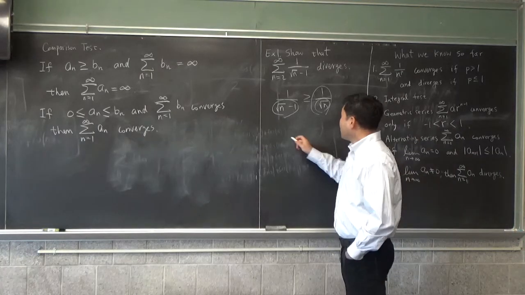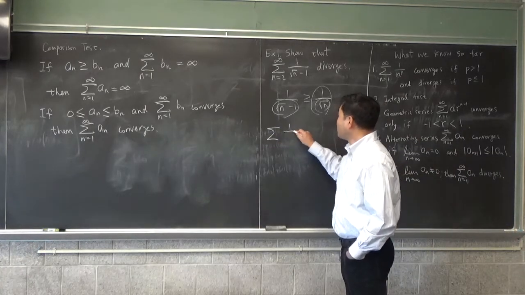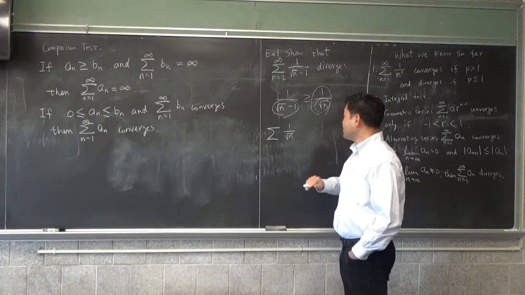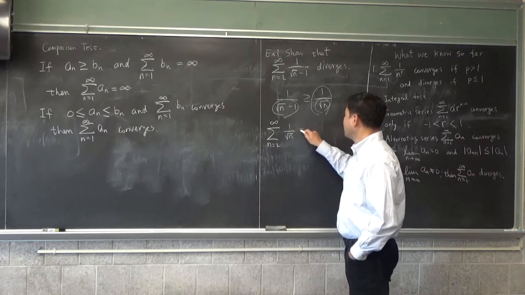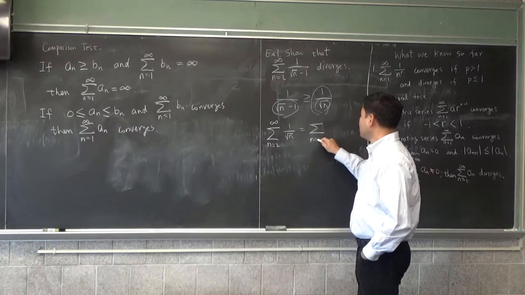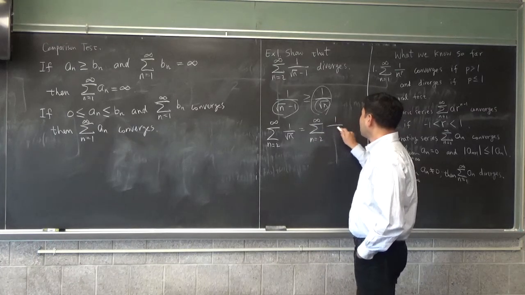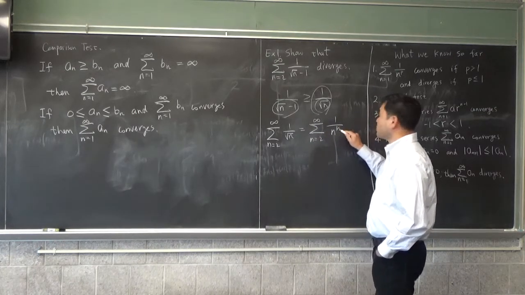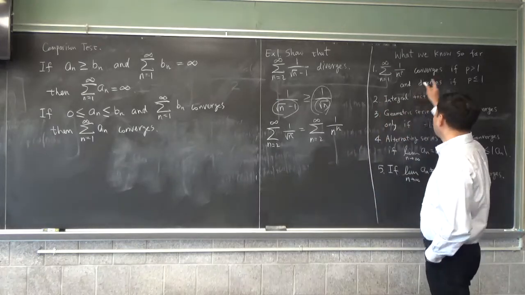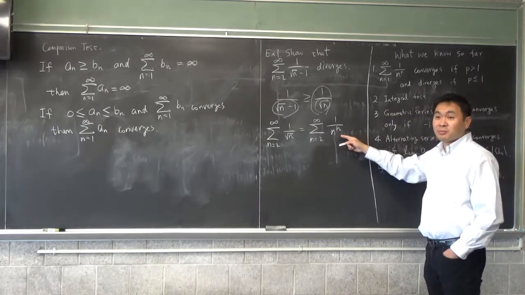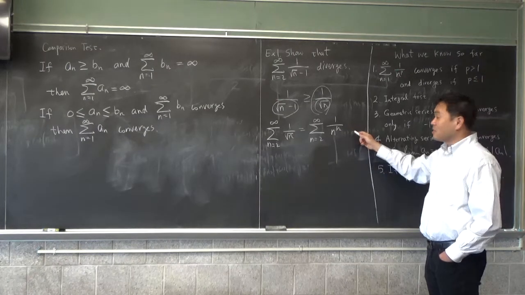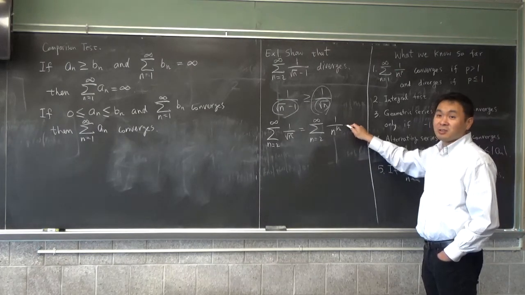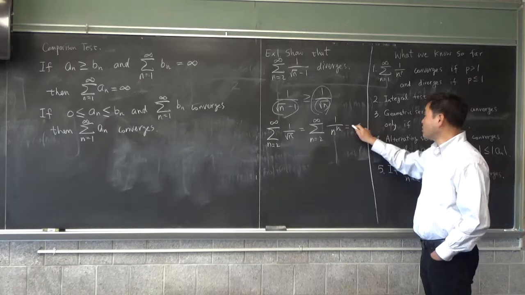But at the same time, the summation of 1 over square root of n is the summation of 1 over n to the 1/2 power. So by the p-test with p equals 1/2, this what? Diverges, converges? This will be diverging. It will be infinity, right?